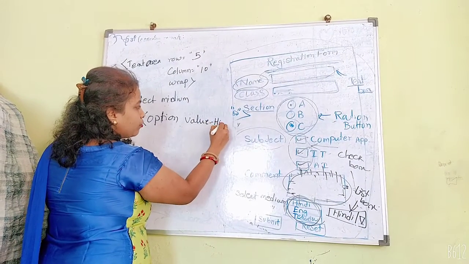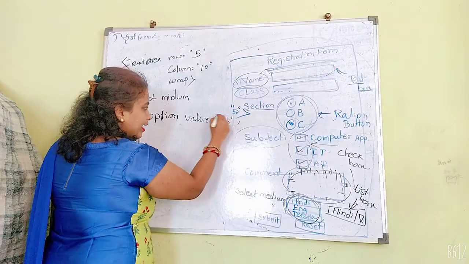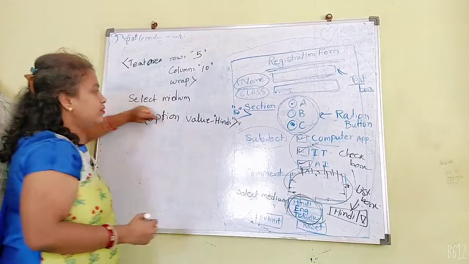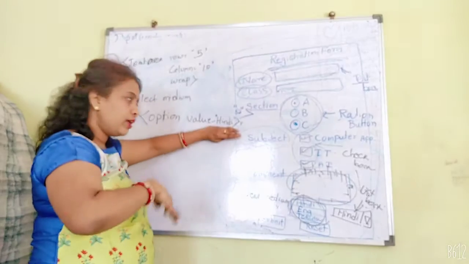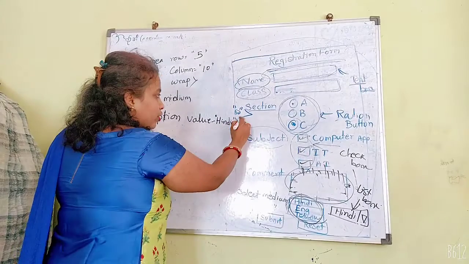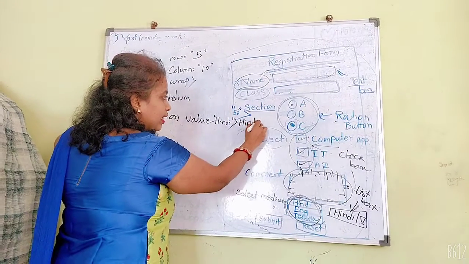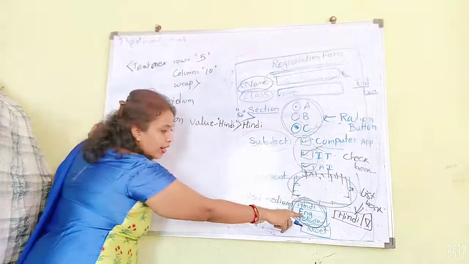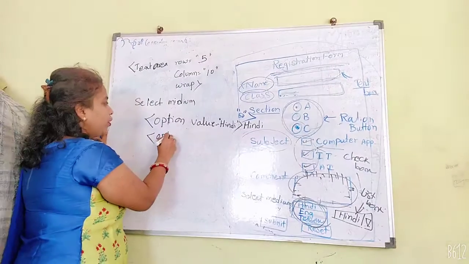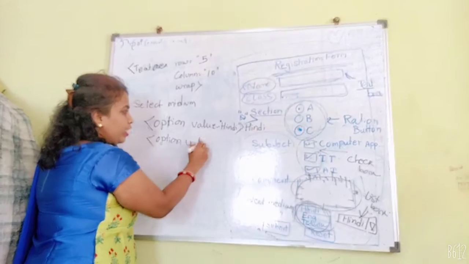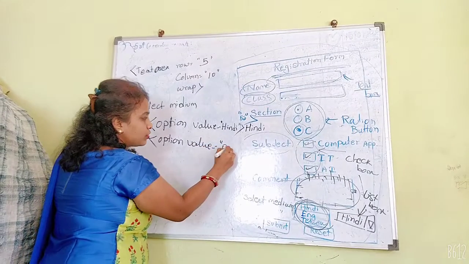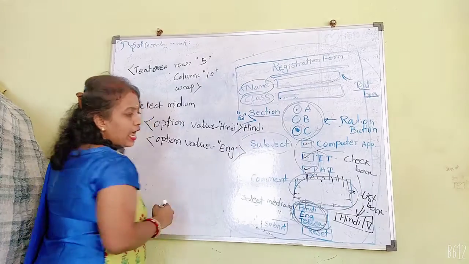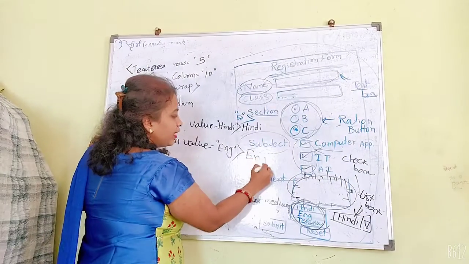When I'm putting value Hindi, it takes the value in the background, but you have to provide Hindi again here for displaying. Okay, same again I'm writing English, so for that I'm putting option value equal to English, and you have to put the English here.